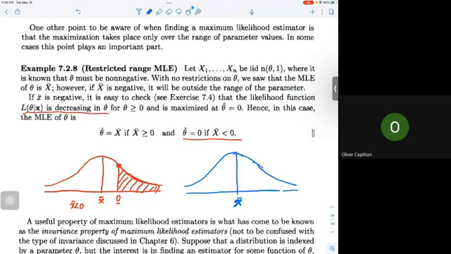So in this case, nandito yung 0 natin. Nandito yung 0 na value. So in this case, our sample mean is greater than or equal to 0. Makita naman sa graph, the sample mean. So the likelihood function attains its maximum. Nandito, dito sa maximum niya, it attains its maximum.